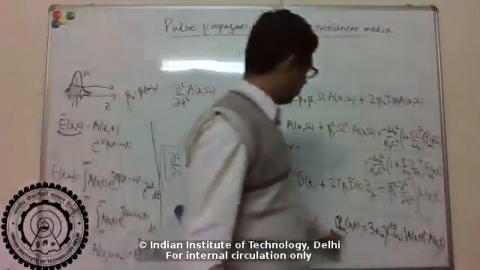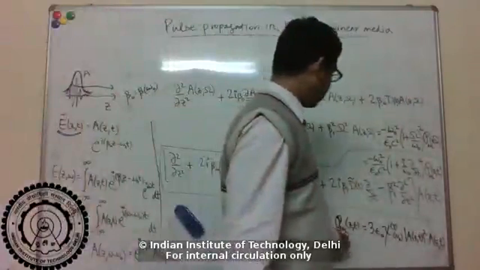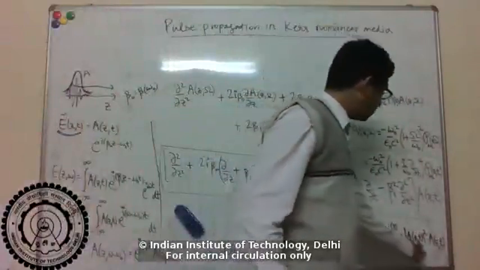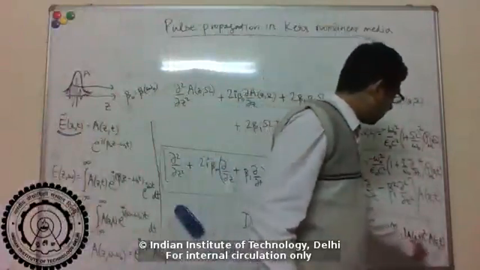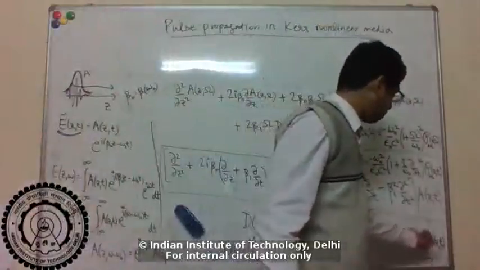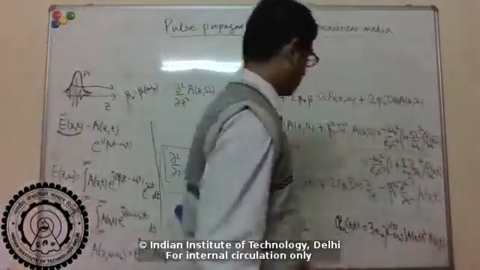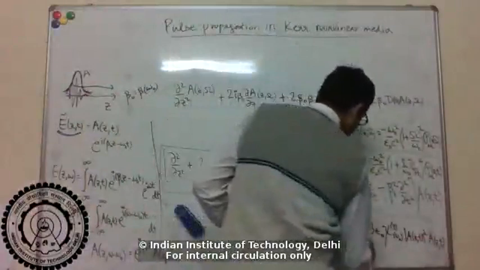So in the time domain, we can write the nonlinear polarization at time t as the envelope at time t, mod A(t) square times A. So we are assuming basically instantaneous response.